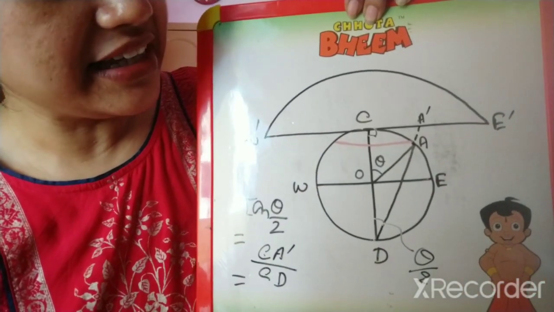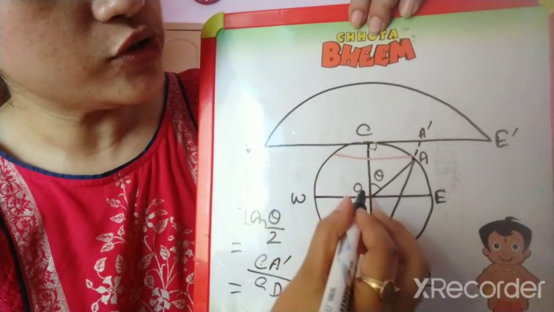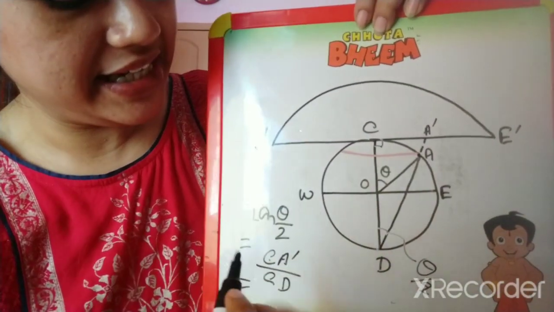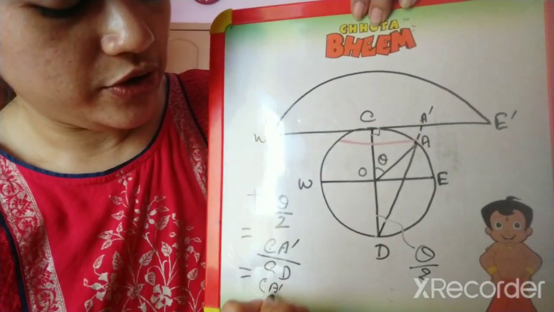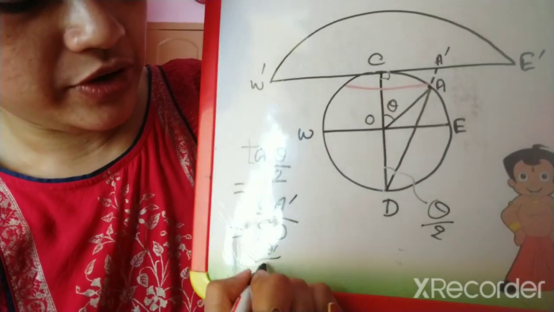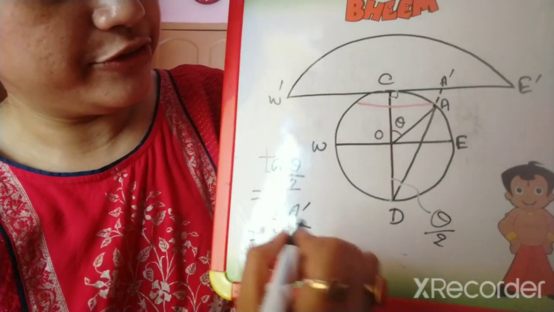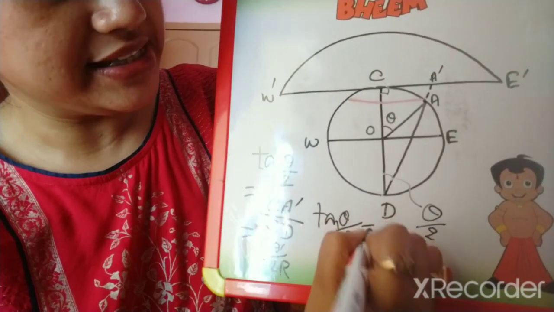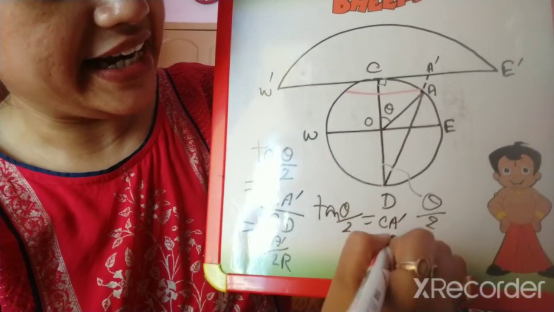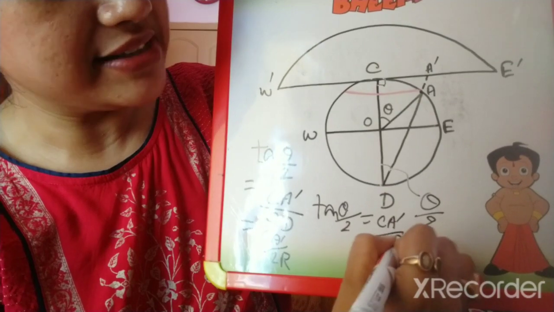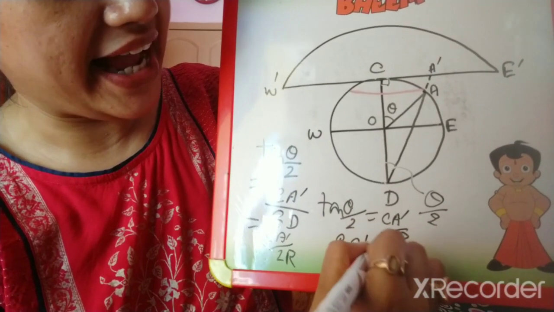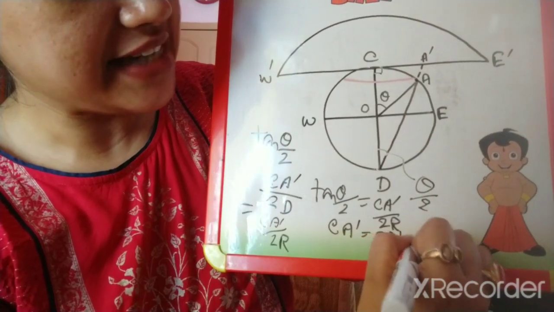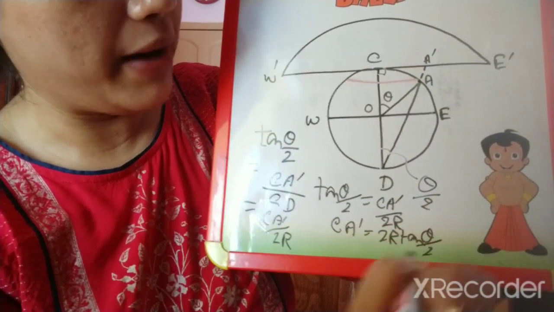It is nothing but twice R, because OC is equal to R and OD is equal to R. Therefore tan θ by 2 is equal to CA dash divided by twice R. So CA dash is equal to twice R tan θ by 2.